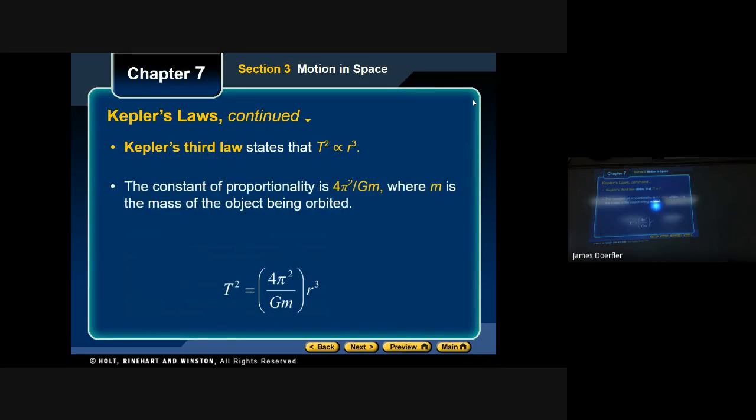What we're going to include in this formula is the constant of proportionality, which is 4 pi squared divided by G times M. The G is the gravitational constant we've already dealt with, and the M is the mass of the object being orbited, so that central figure.